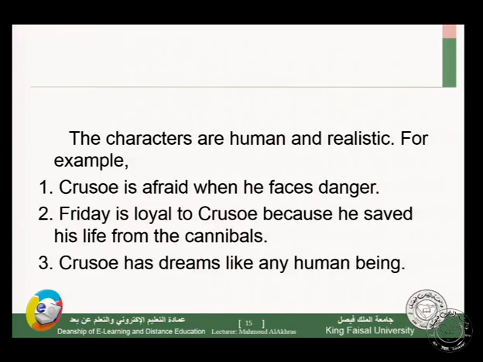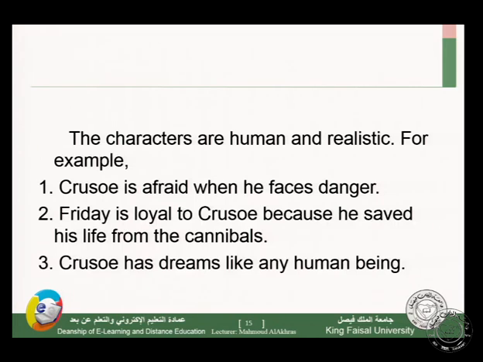When he faces danger or sometimes death or in the storm, he feels, yes, frightened. He is afraid. Another example, Friday is loyal to Crusoe because he saved his life from the cannibals. So we can see that Friday is loyal to Crusoe.